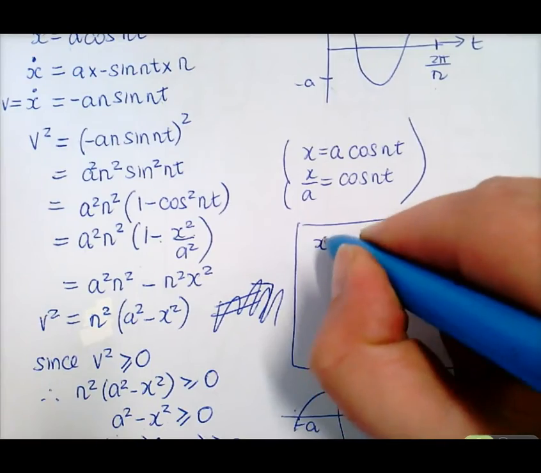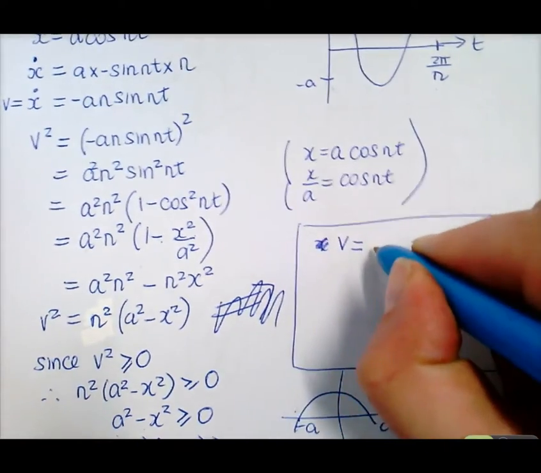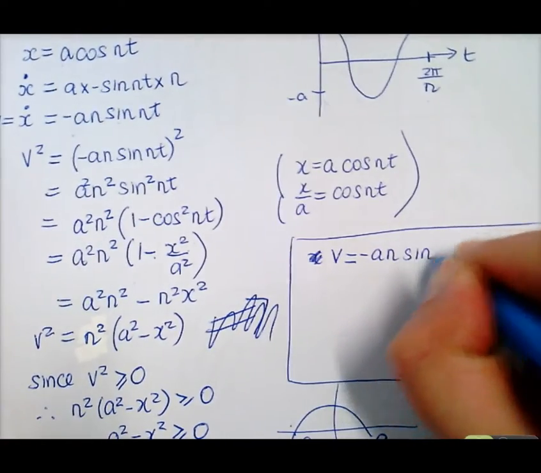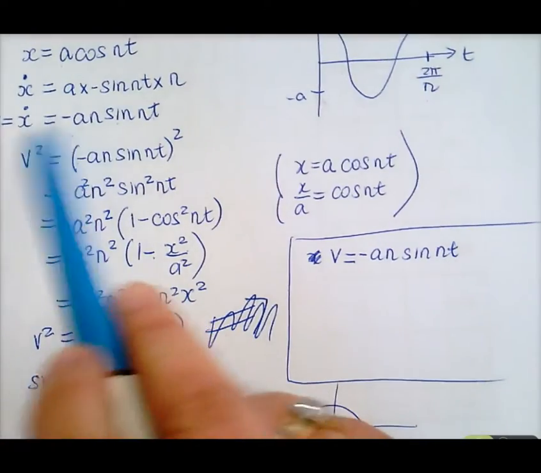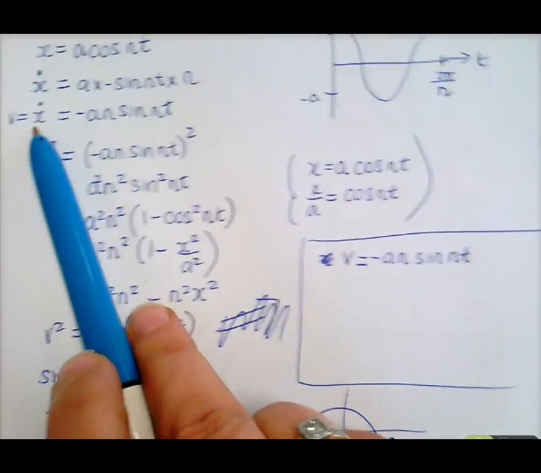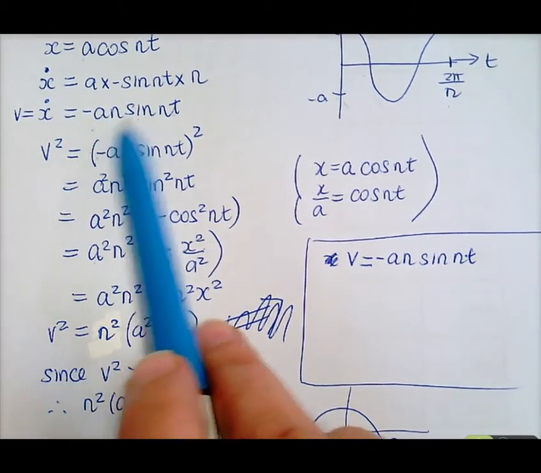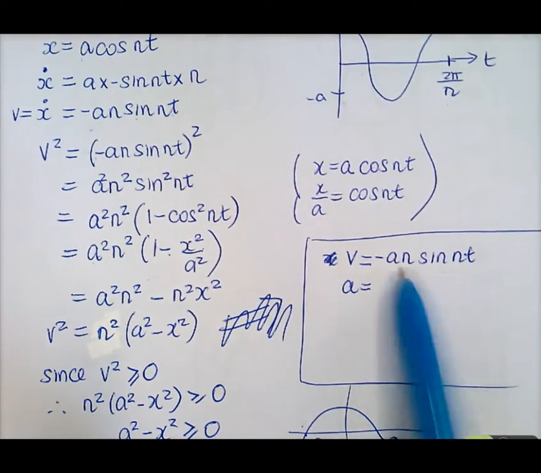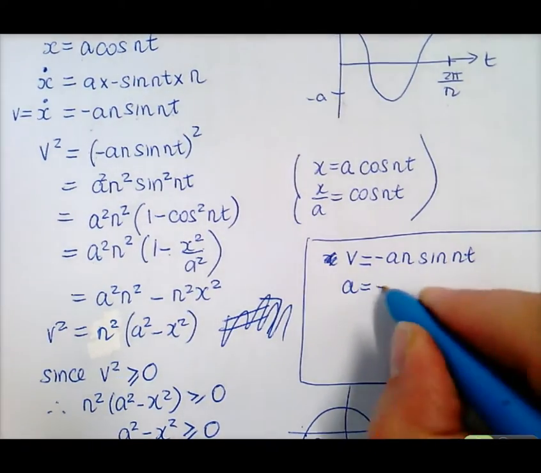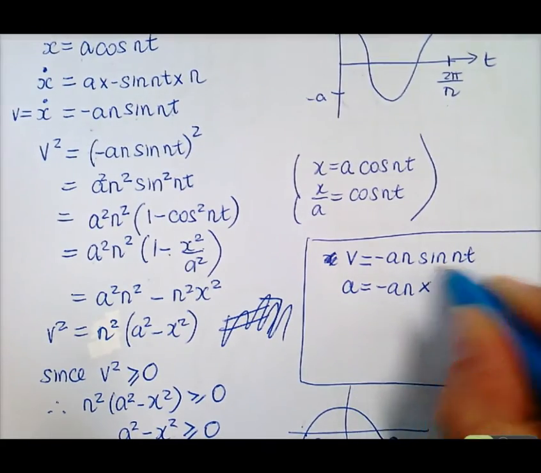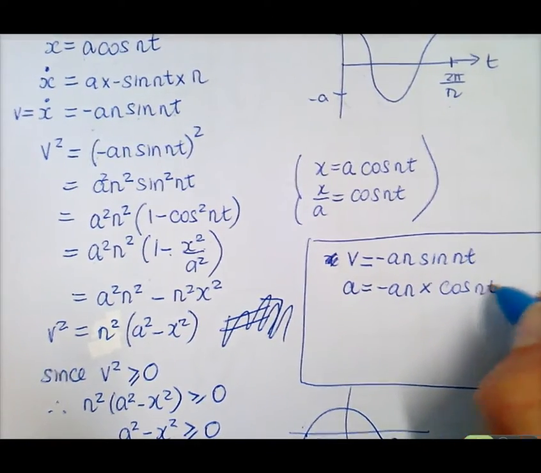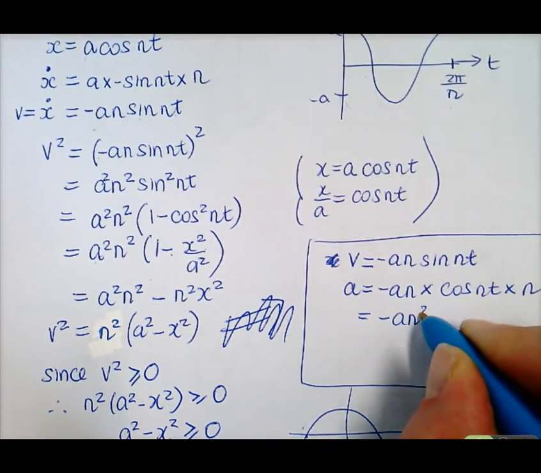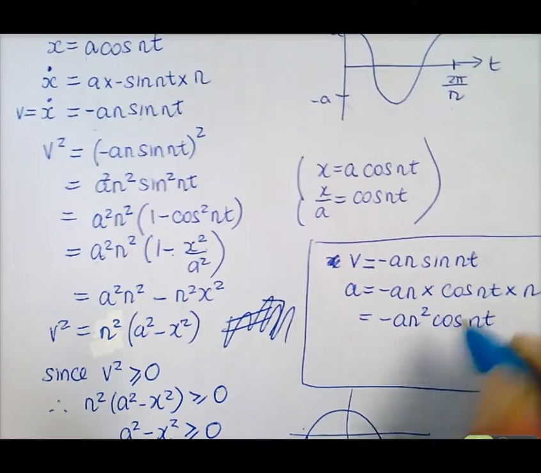We know that velocity is negative a n sine nt. I just went back to this result here. Velocity is negative a n sine nt, so acceleration, differentiating that, is negative a n times cos nt times n, which is negative a n squared cos nt.